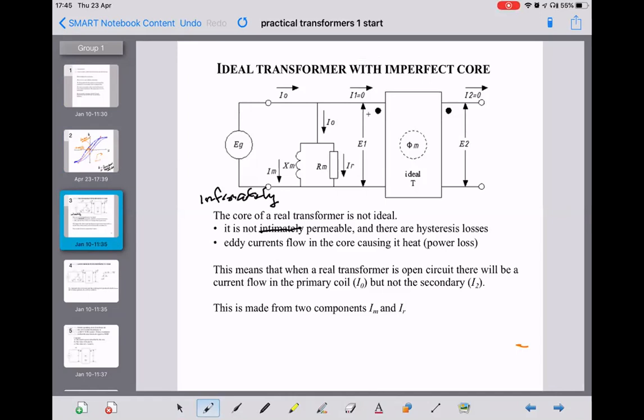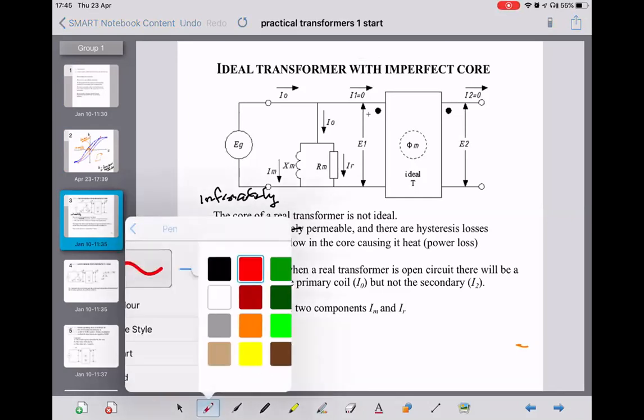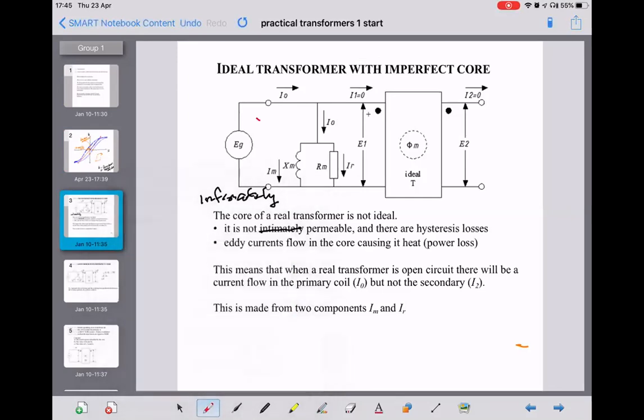So we've got a current flow up here, IO1, but nothing going into the ideal transformer because there's no current flowing in the secondary.